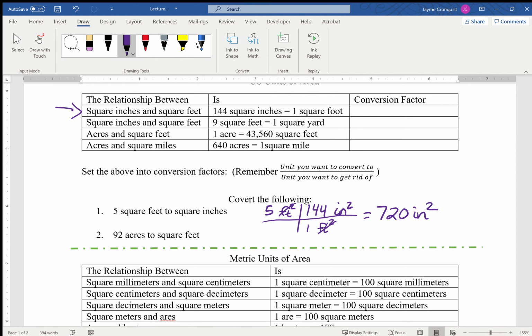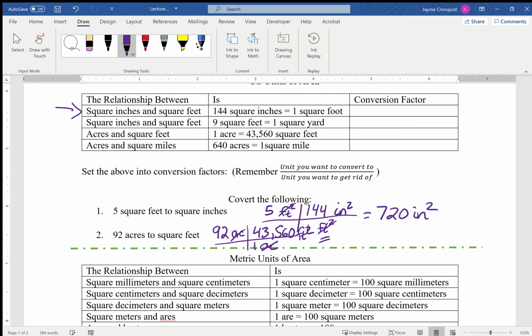All right, 92 acres to square feet. Acres and square feet, we have 1 acre is equal to 43,560 square feet.